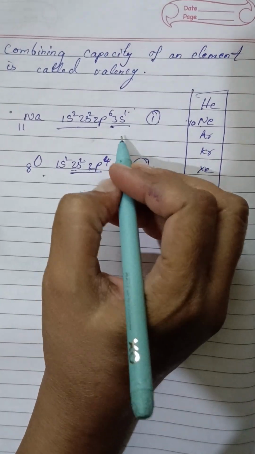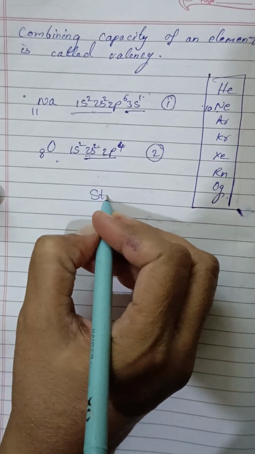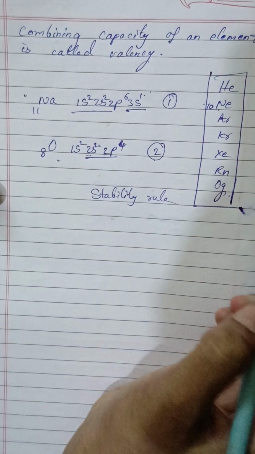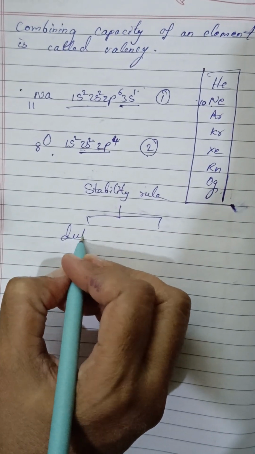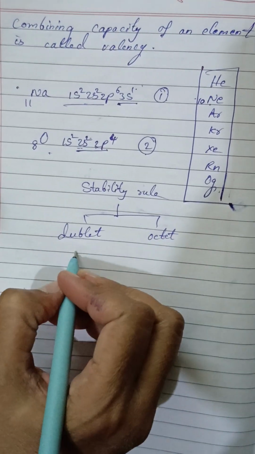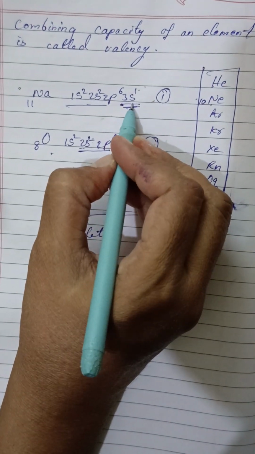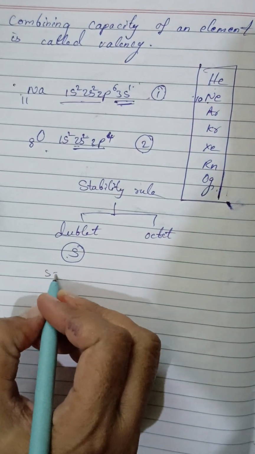Here we can say they are following the stability rule. What is the stability rule? Either by losing or gaining electrons, they become stable. It is of two types: doublet rule and octet rule. Whenever the s orbital is last, it follows the doublet rule, that is like helium, because s contains 2 electrons.